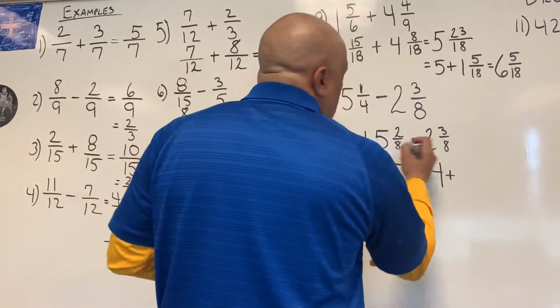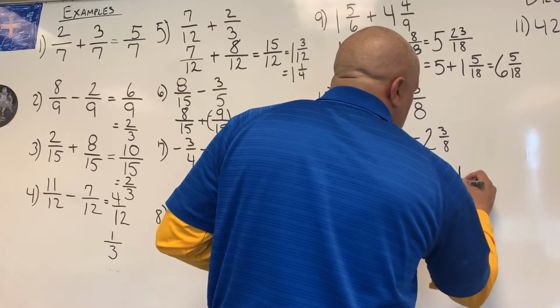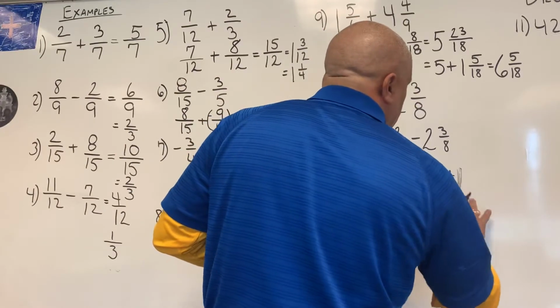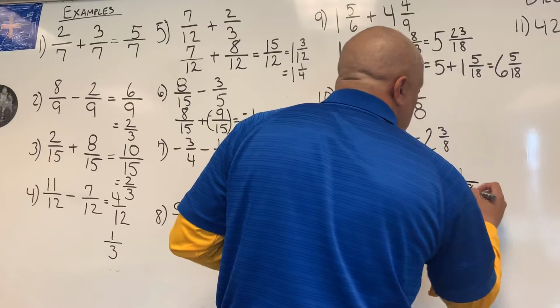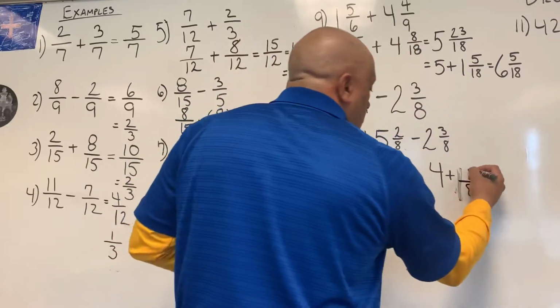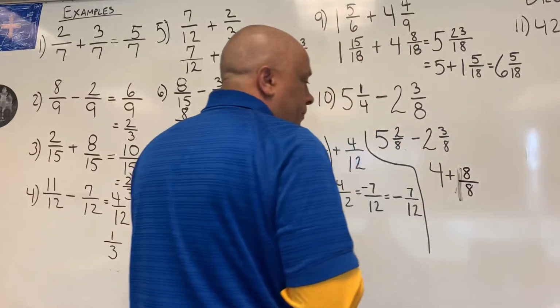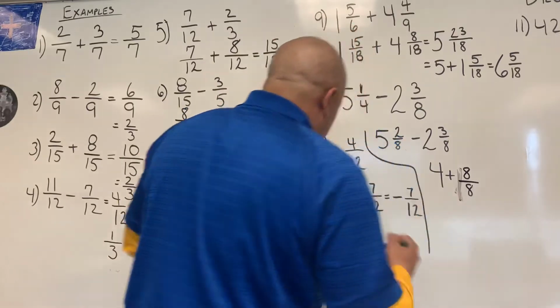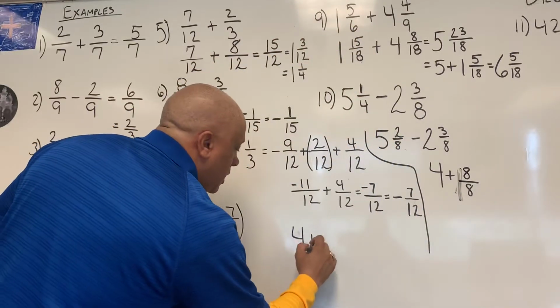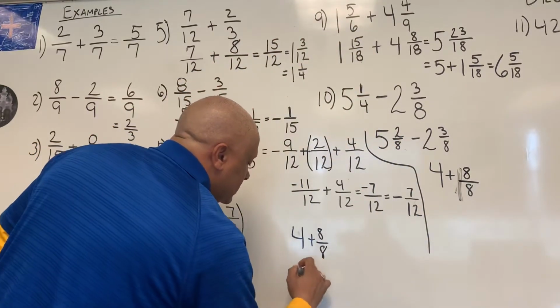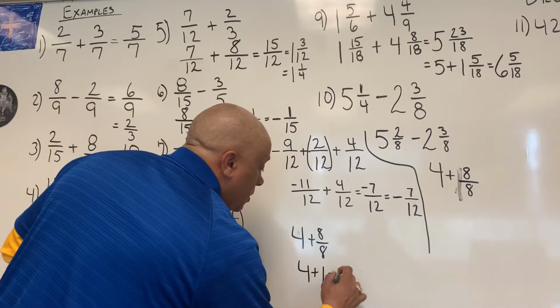So here, we're going to use our denominator, which is going to be 8. So we know 1 is going to equal 8 over 8. So in all actuality, real quick, over here, 4 plus 8 over 8 is the same as saying 4 plus 1, which is equal to 5.